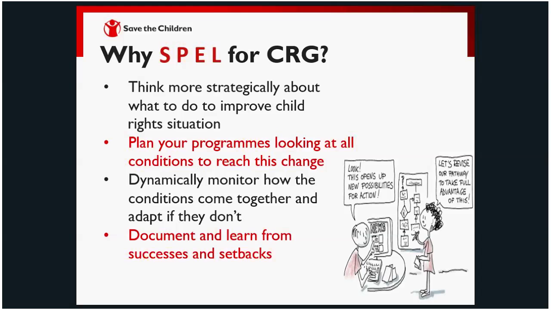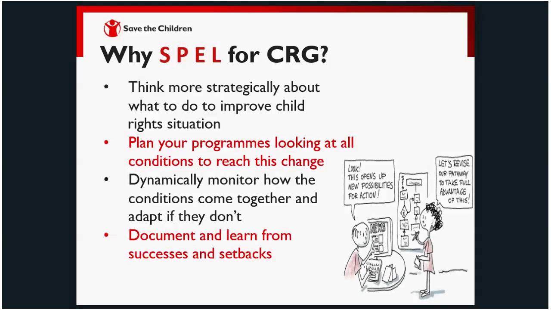SPEL, through its second process or step, will help you plan your programs looking at all conditions or tactics to reach this change and adapt your programs if these conditions or tactics are not proved to be working. Also, these systems lack dynamic monitoring to track whether these conditions or tactics were coming together, were working, and adapt the program if they were not.